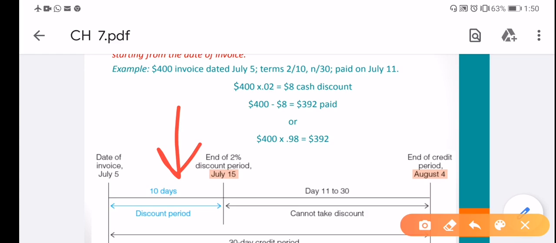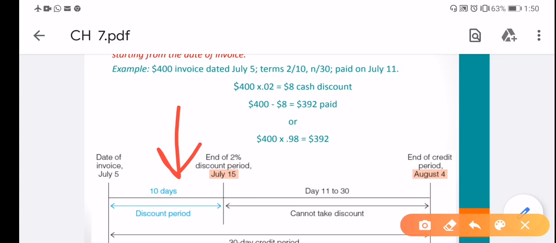Now, the 400 multiplied by the 2%, which is 0.02, not 0.2. 0.2 means 20%, but it is only 2%, so it is 0.02. So we multiply the list price, which is 400, times the discount rate, which is 0.02.